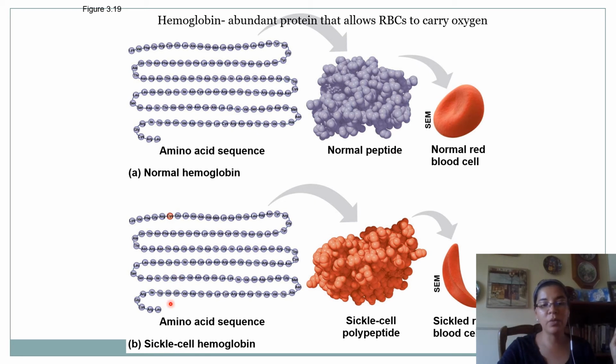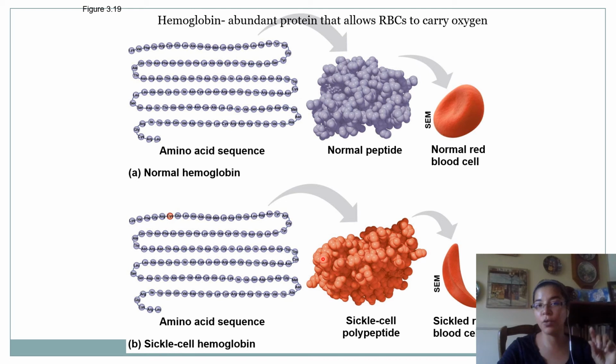However, when we get sickle cell hemoglobin, we have an amino acid sequence with one error. I'm not sure if you can see it here, but there's one little red dot. That means that one amino acid was placed in error. Because of that one error, this protein ends up folding incorrectly. So we have the normal protein up here and the sickle cell polypeptide down below.